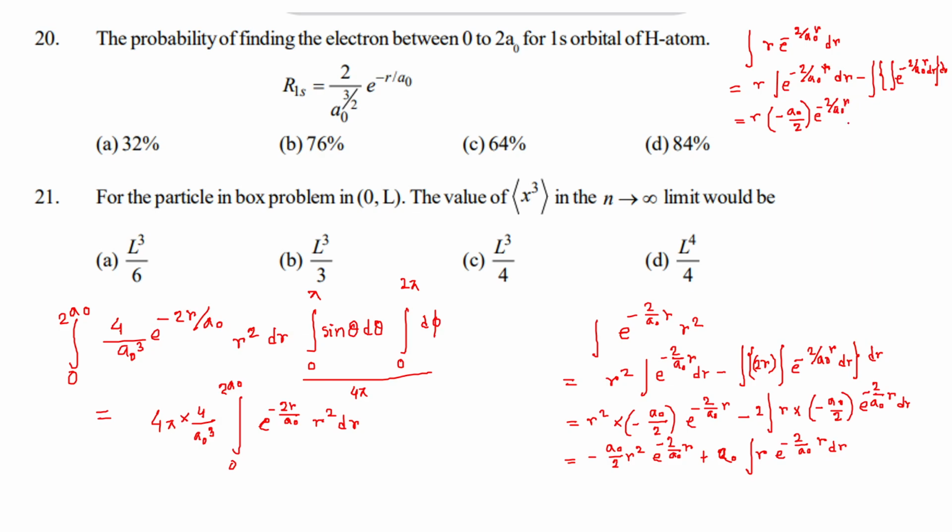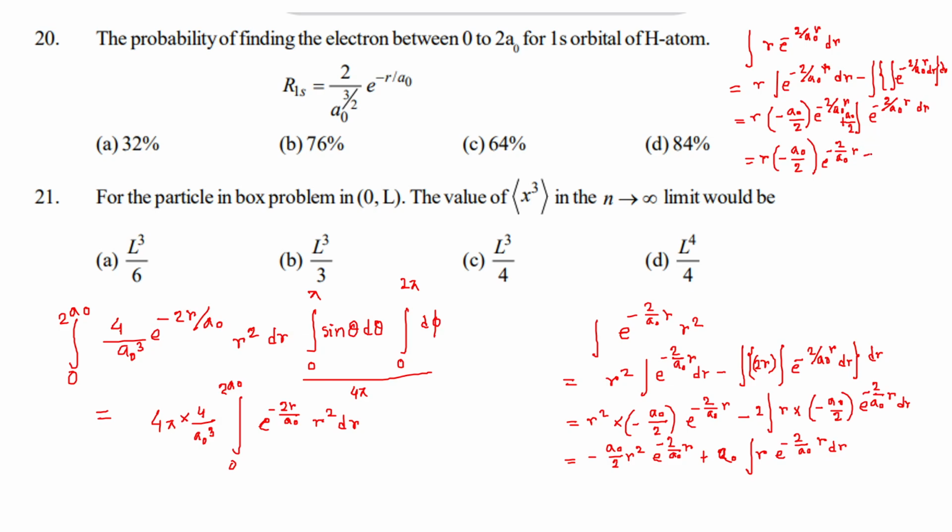Right? And then we are going to have minus plus a0 by 2. I'll take it outside. We will be left with 2 by a0 r dr. Actually, it is very lengthy, but 2 by a0 r. And from this side, we are left with another integration, right?